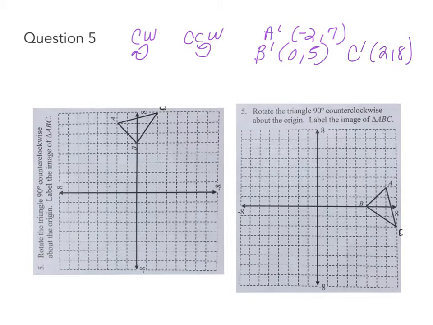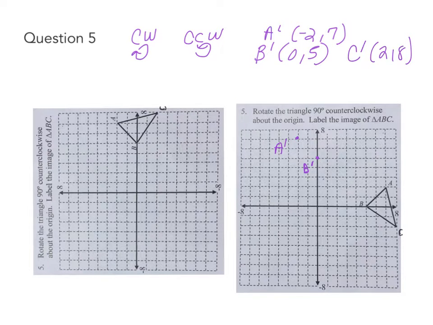So now if you're following along with me, you would rotate your paper back to its original position and just graph those points. So again, we said that we're going to see A at -2, 7. And remember, when you label that, because it's the image, use the prime symbol. B prime is at 0, 5.